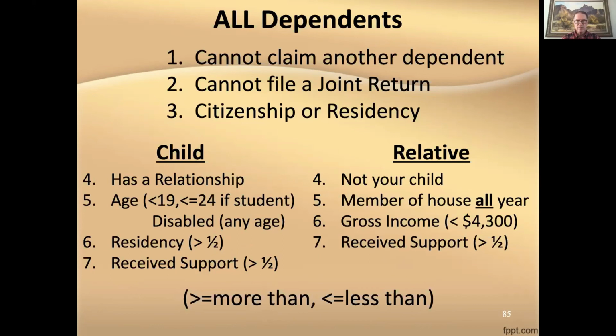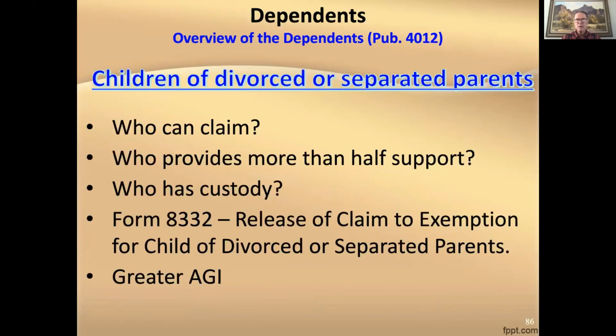Have to have a relationship, have to have an age under 19, or under 24 if student, or disabled at any age, residency more than half of the year, received support more than half of the year. On the other side, for relative, it's not your child, member of the house all year, your gross income has to be less than $4,300, and you have to have received more than half of your support from the taxpayer. So on one screen, I've got all the tests that are required to determine dependency.